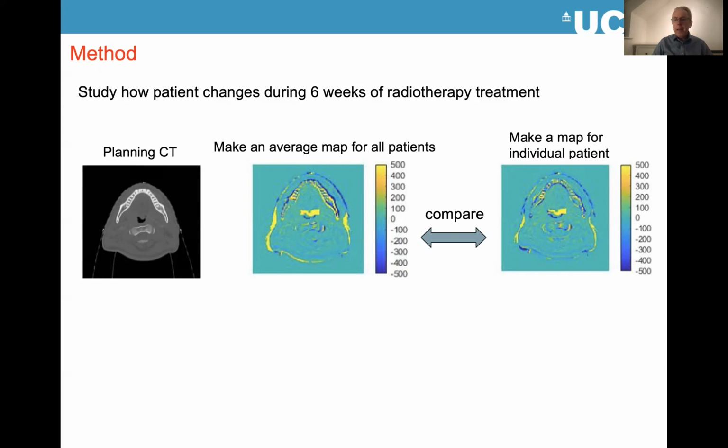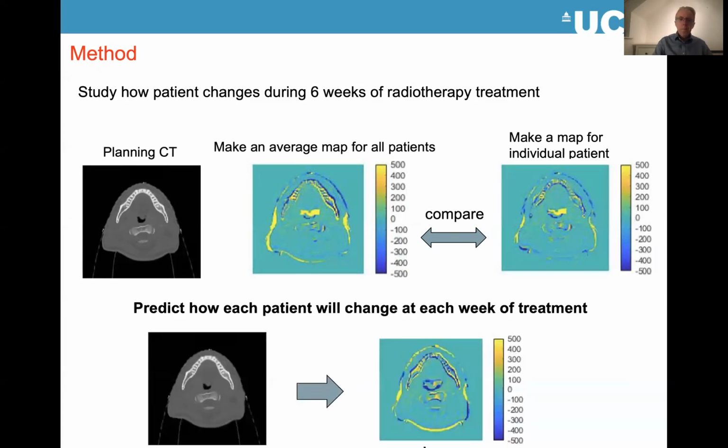And we assume, let's take the average weight loss over time and assume that individual patients will follow a similar pattern, but from their own individual starting point. And so we can make a prediction for how we anticipate each patient will change throughout the weeks of treatment.